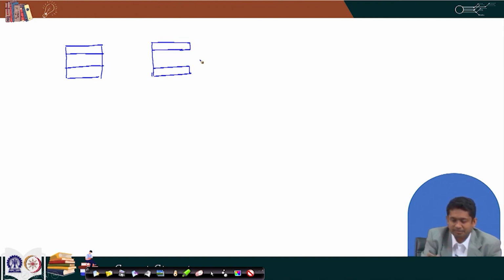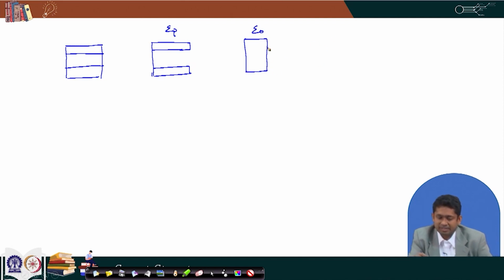The beam does not have any free strain. So, this is epsilon p, and suppose the actual strain is this, which is same everywhere. Then if I subtract epsilon p from epsilon 0, this results in this. So, this is epsilon 0 minus epsilon p.